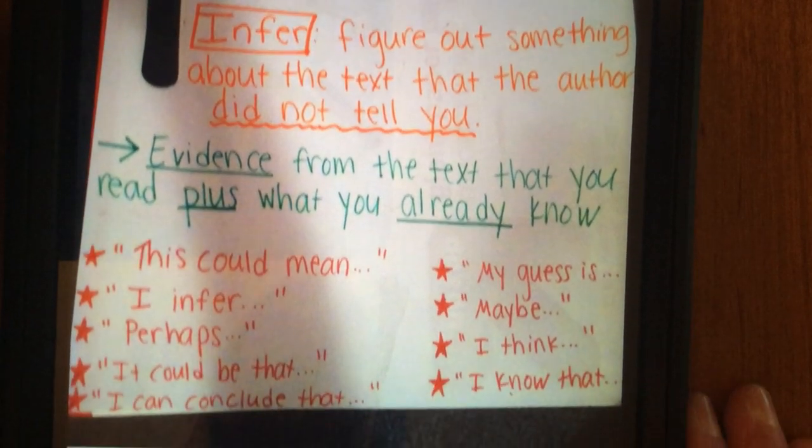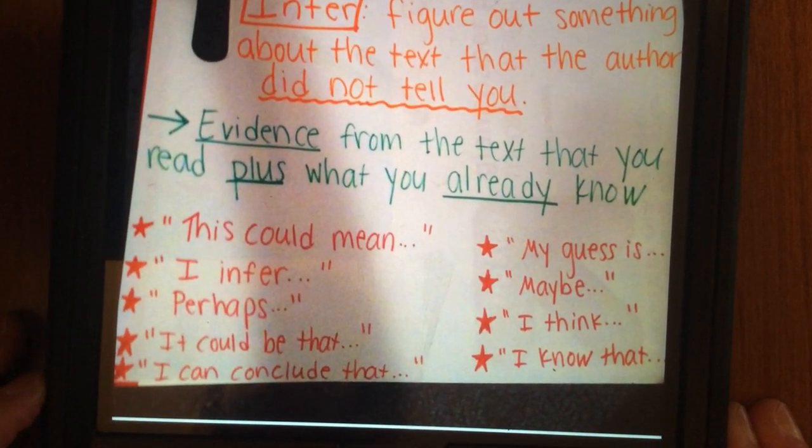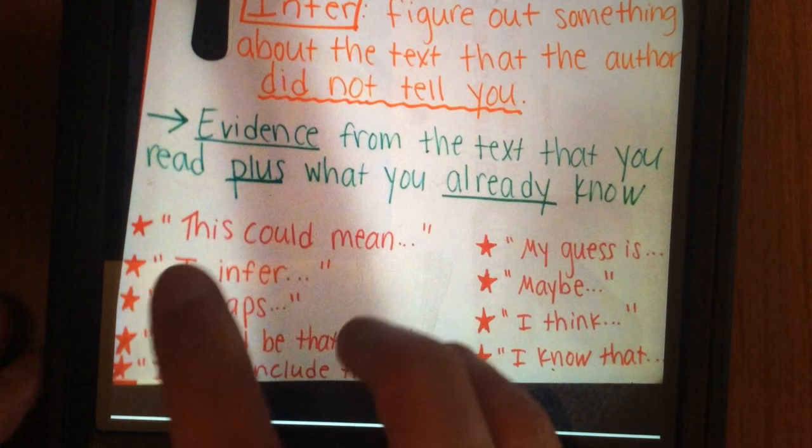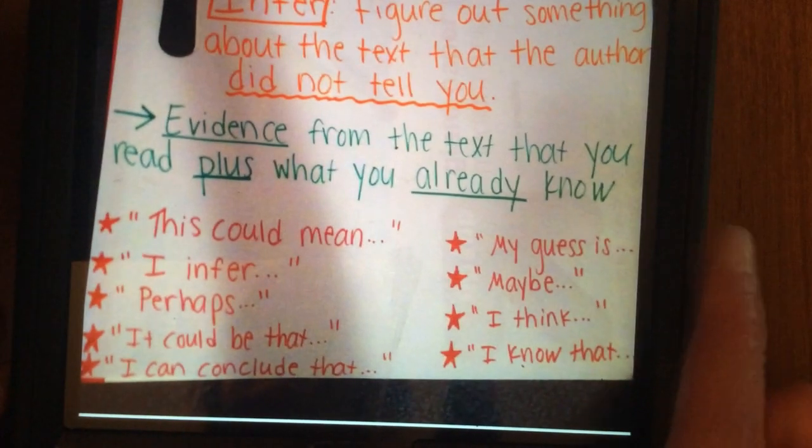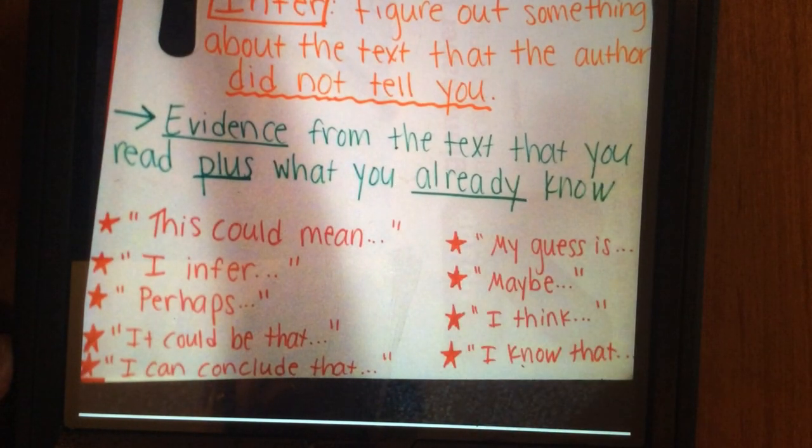And these are some other things that you might think of as you're reading a story. This could mean, I infer, my guess is, I think, I know that. So think back to the Officer Buckle and Gloria story.